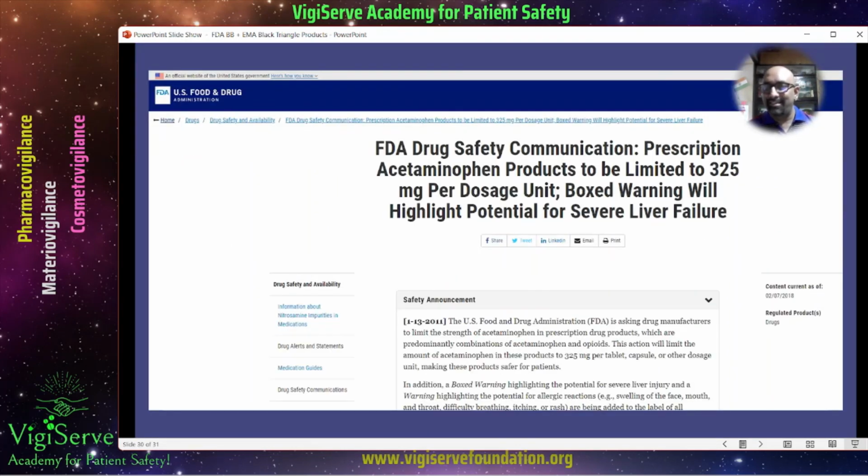And I'm talking about something from 2018, where the FDA drug safety communication mentioned that prescription acetaminophen or paracetamol products be limited to 325 milligram per dosage unit, and a box warning will highlight the potential for liver failure or severe liver failure.